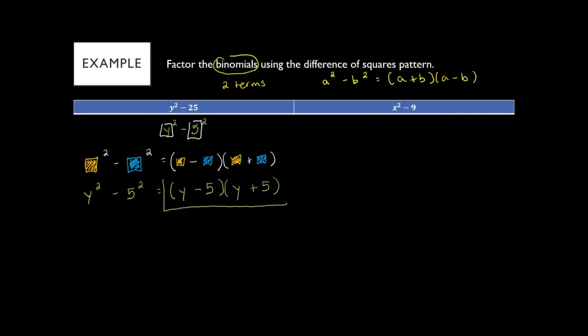And then this on the right is your answer. So you're going to want to see that pattern, and all you need to do is recognize that it's in the pattern, and then you need to be able to pick out what your two pieces are. What's the orange? What's the blue? And then you just plug it in. You just replace those boxes, and that gives you your answer. Are there any questions on this first example with the y squared minus 25?